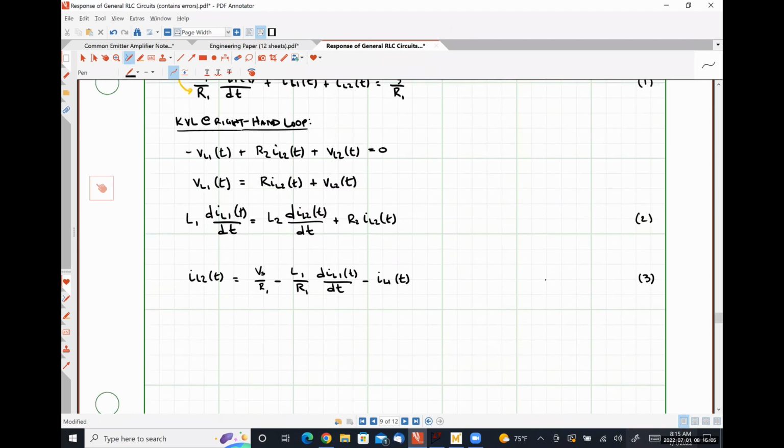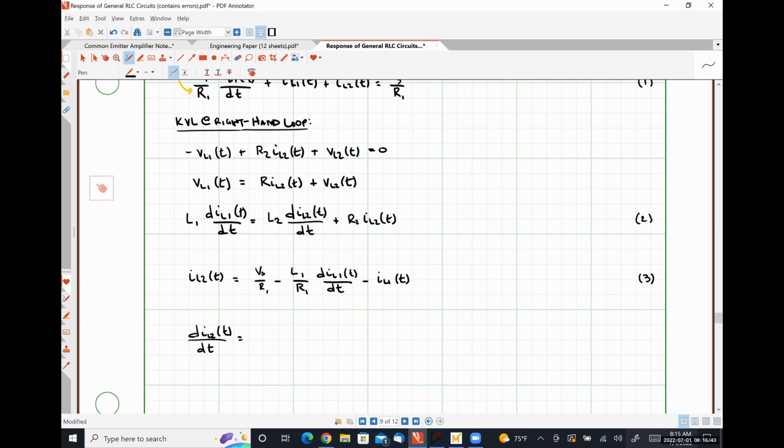And now what I'm going to do is take the derivative of this guy because I need a derivative of IL2 equation to plug into equation number 2. So the derivative of equation 3 with respect to time is going to look like dIL2 by dt is equal to, so the derivative of our constant term is going to be 0.